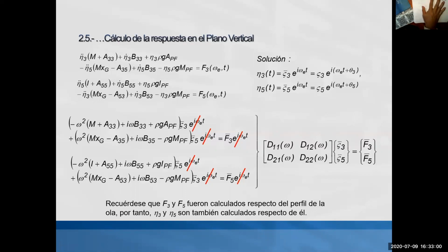Okay? People, please. Okay. So, in this equation, you have already A33, B33. This is easy.